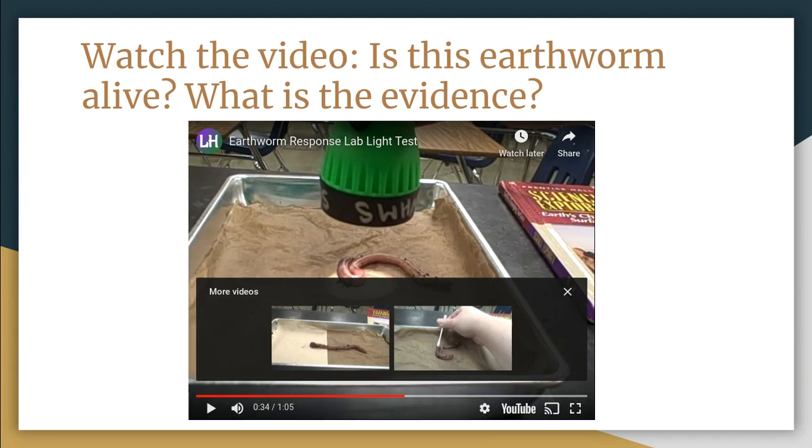The earthworm is alive because it is responding to the stimulus. The stimulus here is the light.